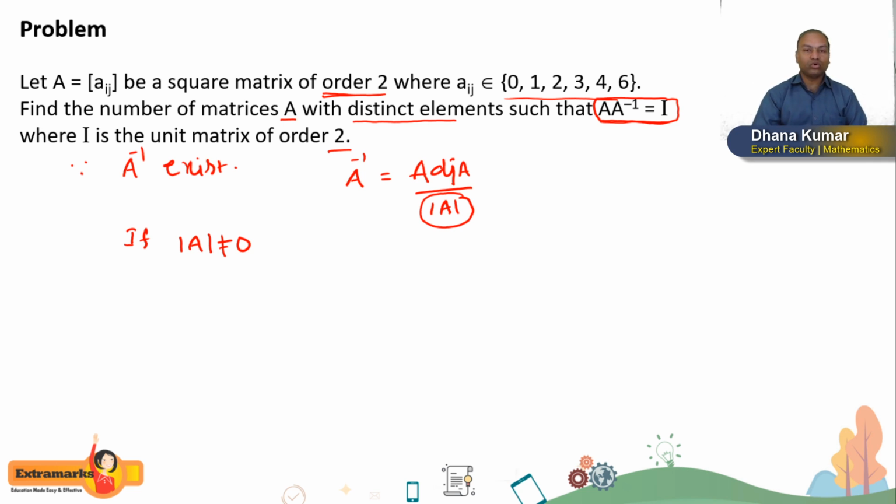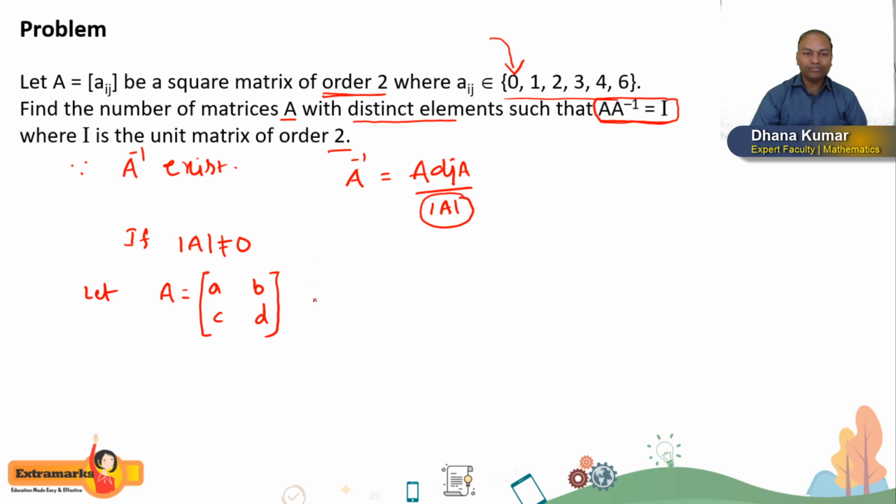Det A not equal to 0. Let us say I am assuming the matrix A is a, b, c, d. Here the 4 elements a, b, c, d are all different, and these elements belong to this set.